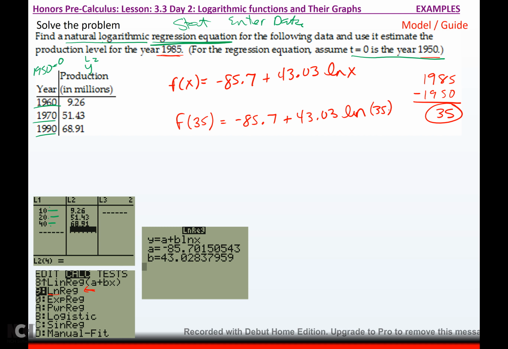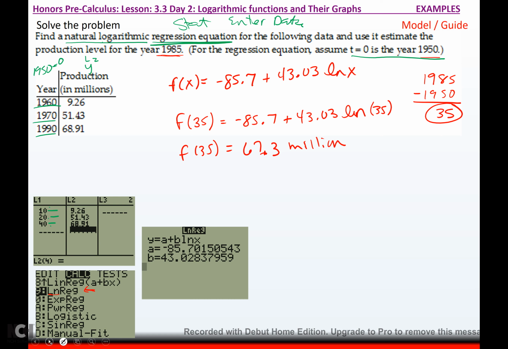And the calculator understands natural log. So if you type in negative 85.7 plus 43.03 ln 35 and hit enter, you get f of 35 is approximately 67.3 million.